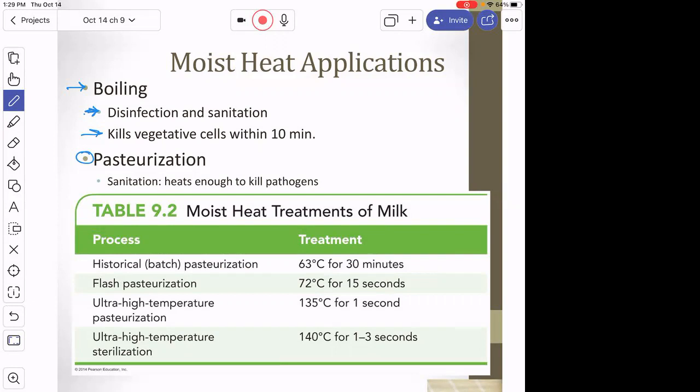In this country, we typically do this flash pasteurization, where we bring the milk up to about 72 degrees Celsius and leave it that way for only 15 seconds. And so we're not boiling the milk, so it's not killing everything, but it's killing all the organisms that are likely to make us sick.